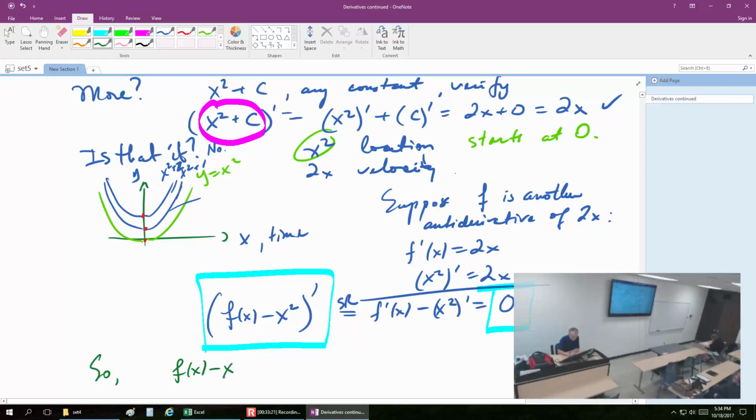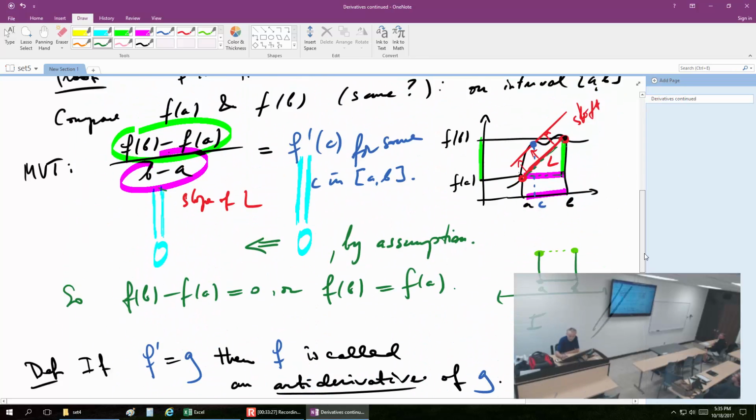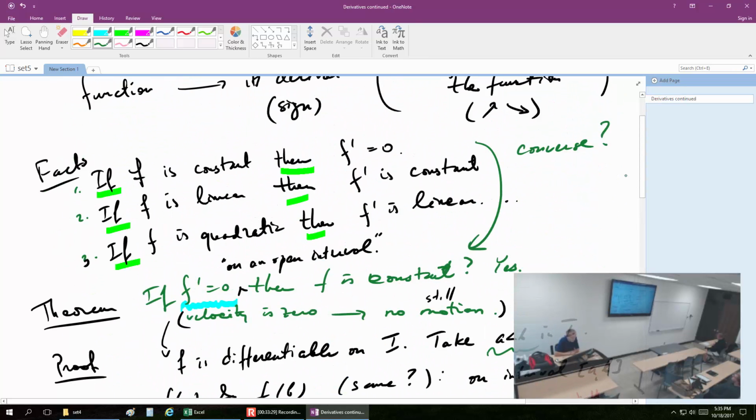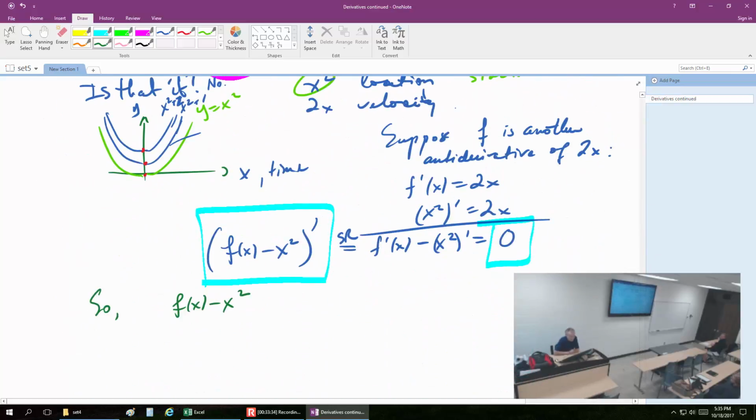It's a constant. That's right. This is the theorem we just proved: if the derivative of any function is equal to 0, then it is constant. So f of x minus x squared has derivative 0, so it's constant. And then we have demonstrated that any antiderivative that we pick will differ from x squared by nothing but a constant.